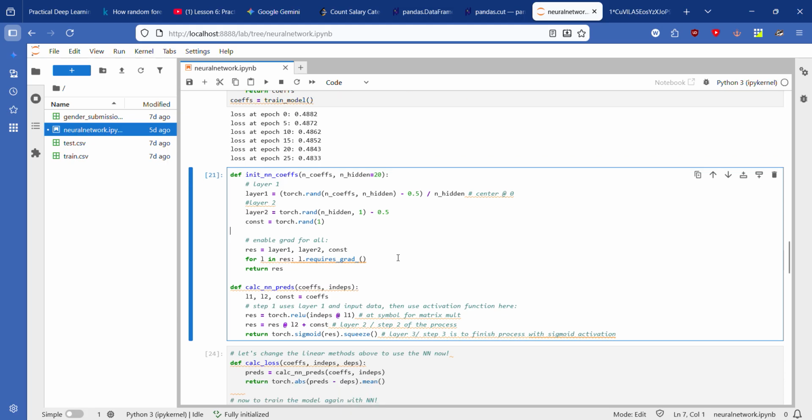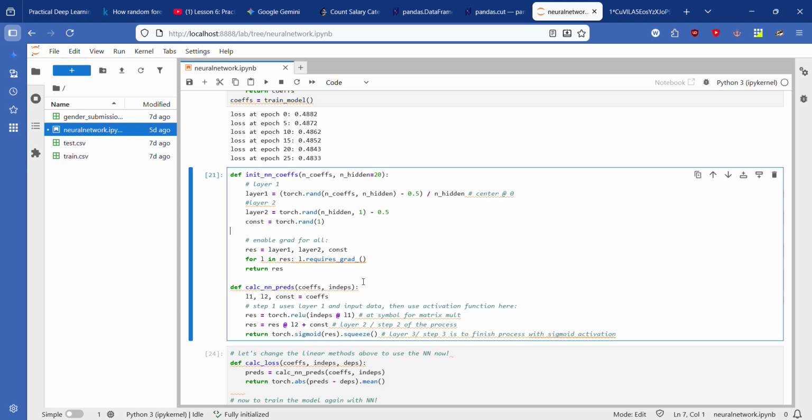And another really important thing to know about these layers is that in each layer we can add an activation function. And I think that I put that in the calc preds function below, but basically an activation function allows the model to make nonlinear decisions.